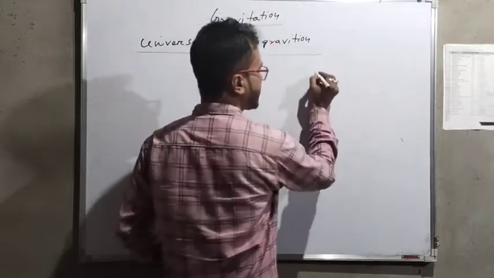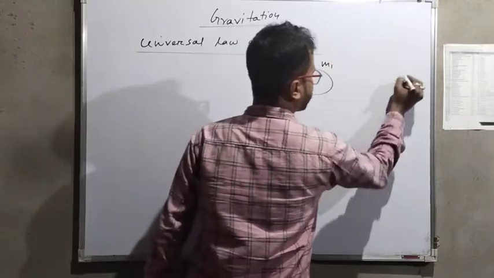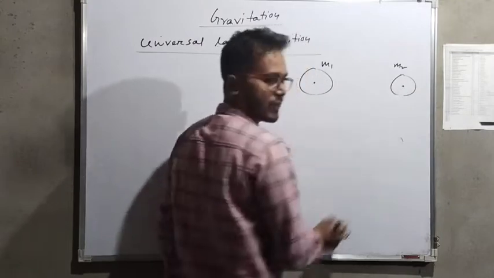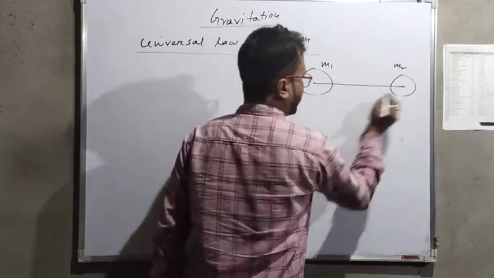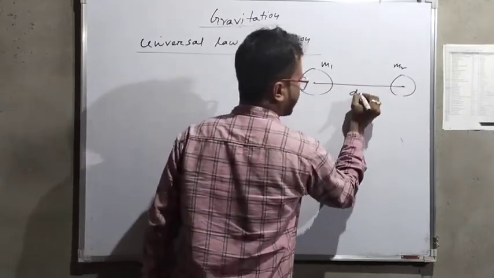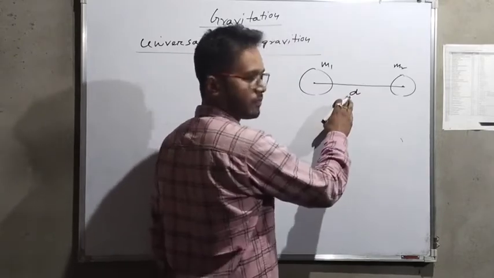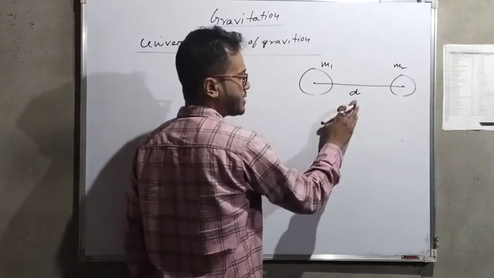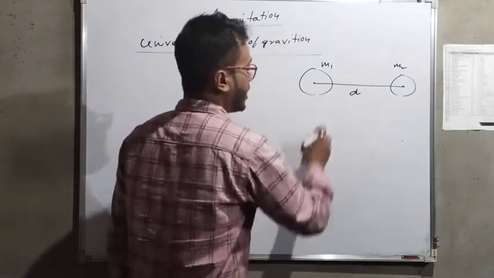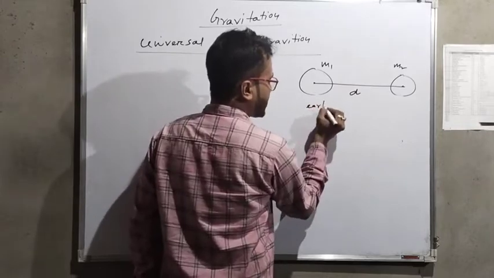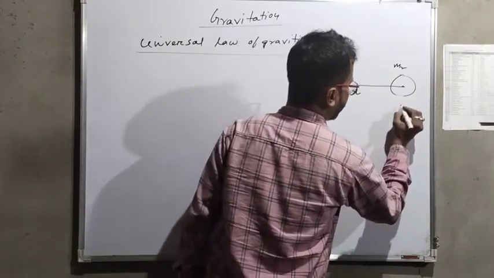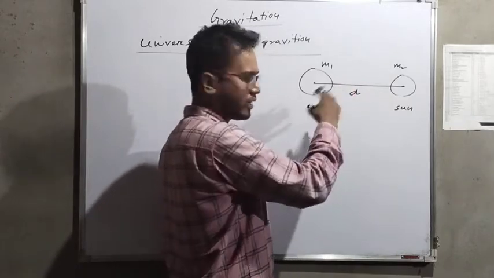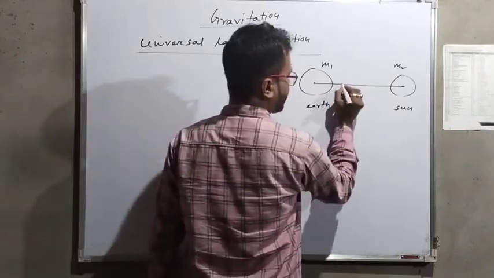Say we consider two masses, mass m1 and mass m2. These are the centers of these masses, and if we draw a line between these two masses, we get the separation between them. This is the separation or distance between these two masses. If we consider this mass is Earth and this mass is the Sun, they both exert some force.